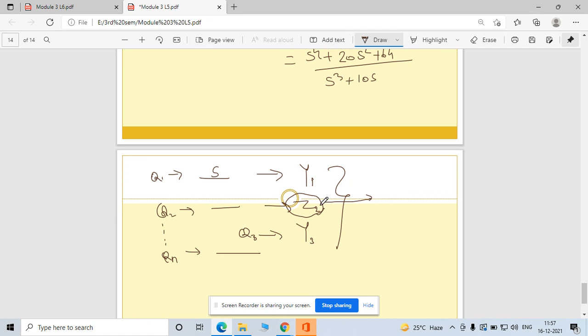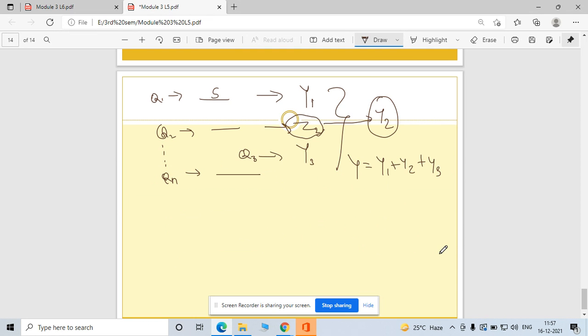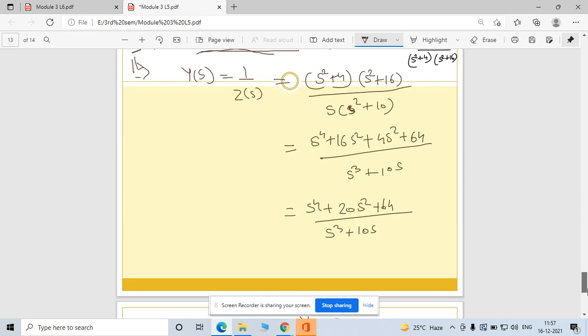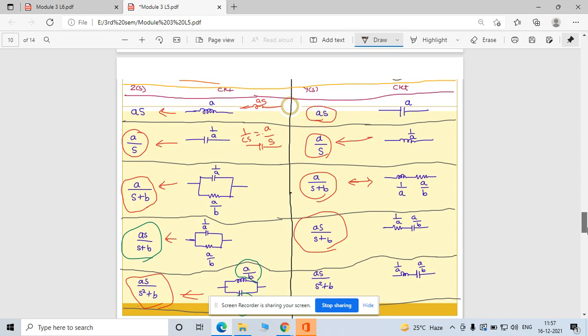So you have to take the reciprocal of this, so you will get y2, right? Once you get the y2 value, these are in parallel, right? The total y is nothing but your y1 plus y2 plus y3, right? In such a format.